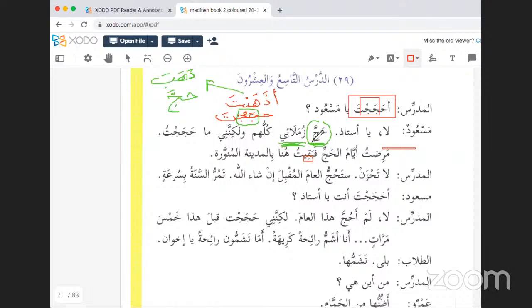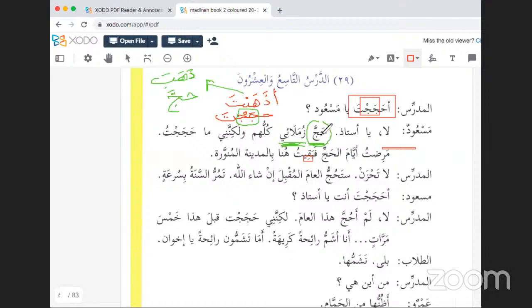For the most part, this is how the language uses the verb. It comes in the singular form. So he didn't say hajju zumala'i kulluhum. He said hajja, just singular, because it came before the fa'il.